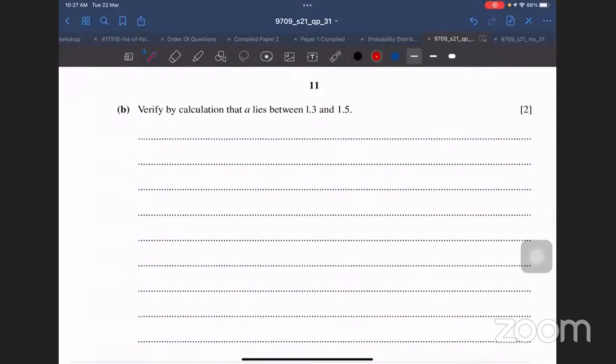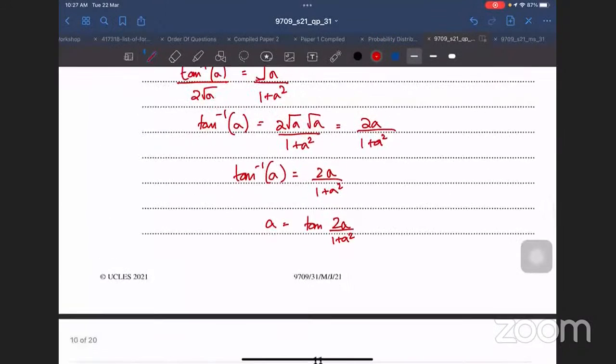Then it says verify the calculation that a lies between 1.3 and 1.5.